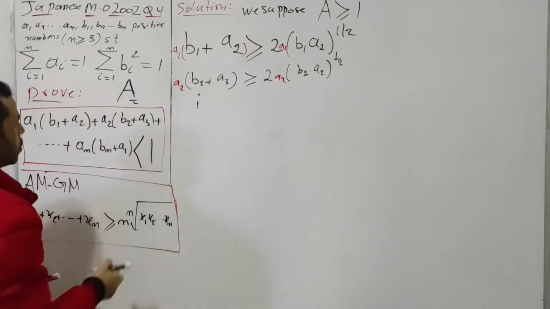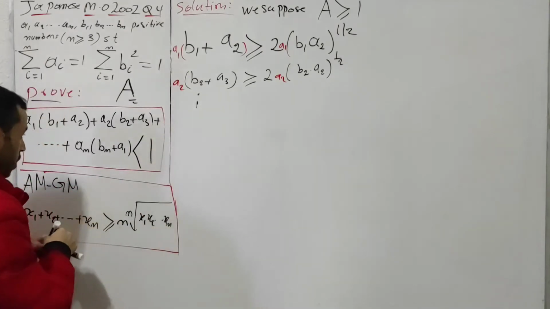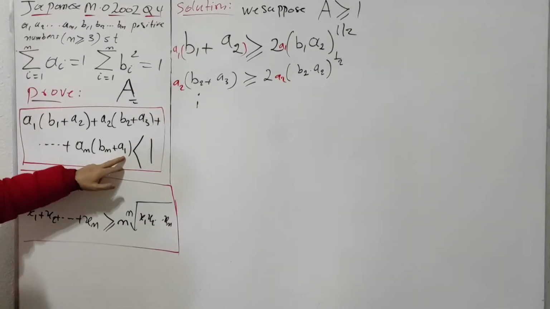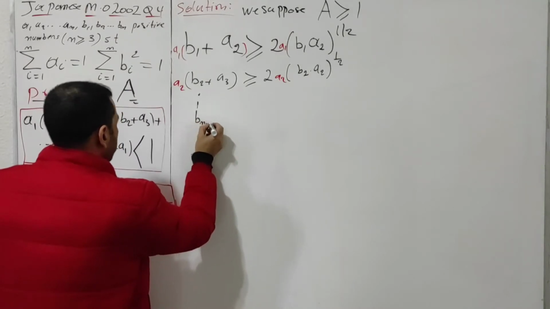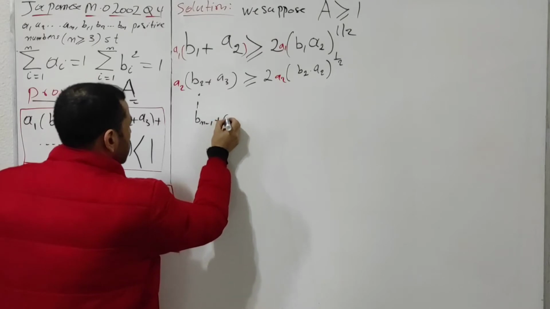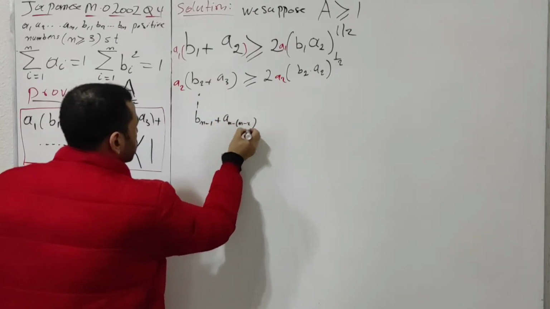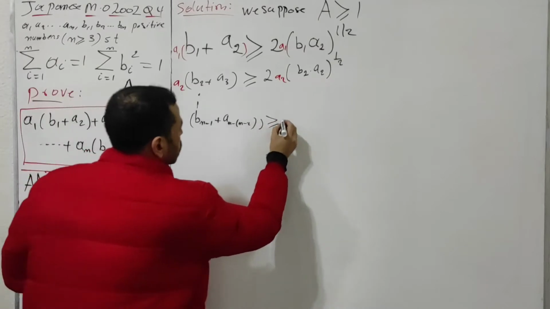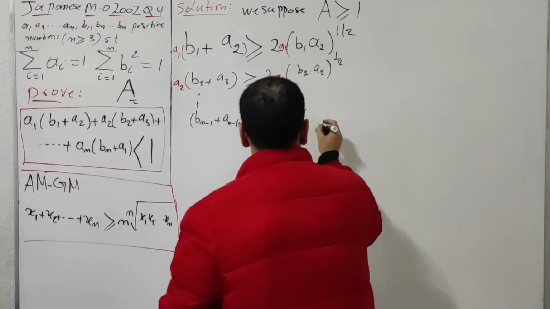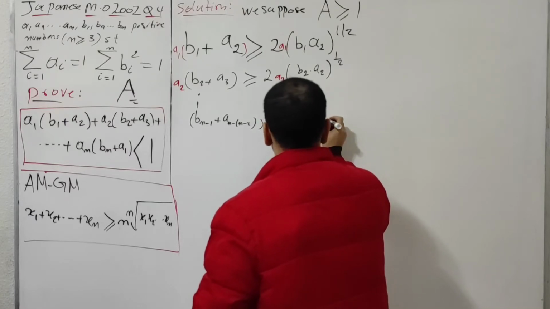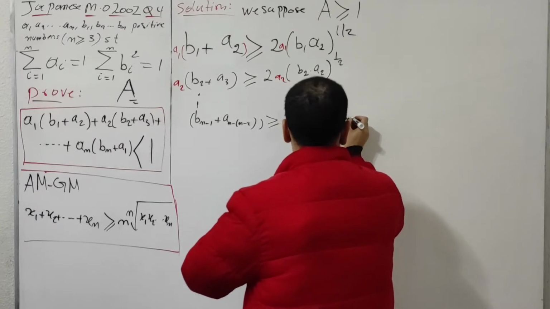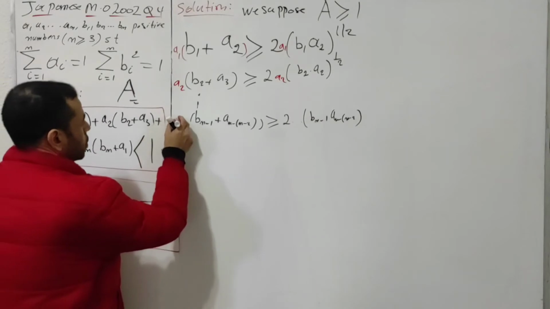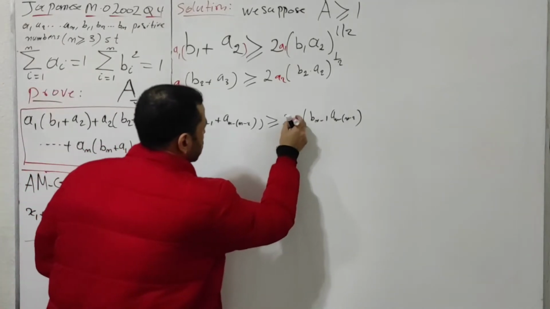And so on until the term before the last. Be careful here, because the last term involves a_1, so it was a_{n-1}. So b_{n-1} + a_{n-2} is greater than or equal to 2 times the square root of the product b_{n-1} and a_{n-2}, and I multiply a_{n-1} on both sides.